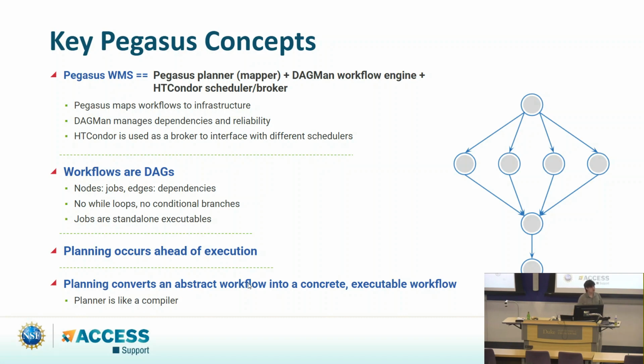Like I said, workflows are directed acyclic graphs, no loops, no conditional branching. Planning occurs ahead of execution. This is really important because that means our planner acts like a compiler, not an interpreter. If you're not a computer scientist, what this exactly means is a compiler likes to look at all your code, check for any errors, and then execute at runtime. An interpreter goes line by line in a program, and as soon as you hit an error, it'll throw, and then you'll exit the program.